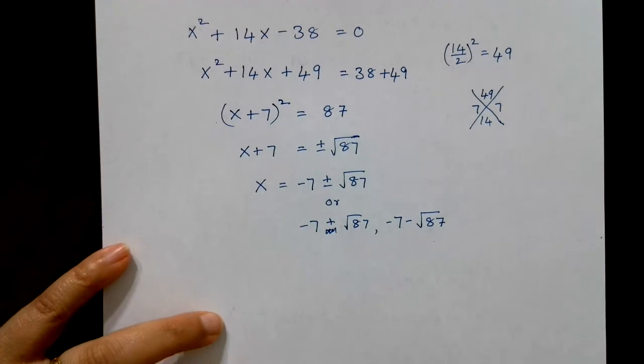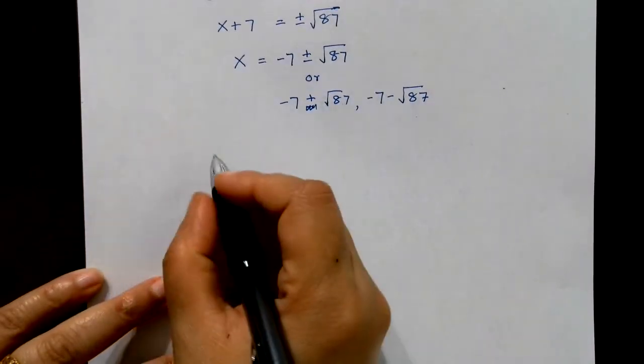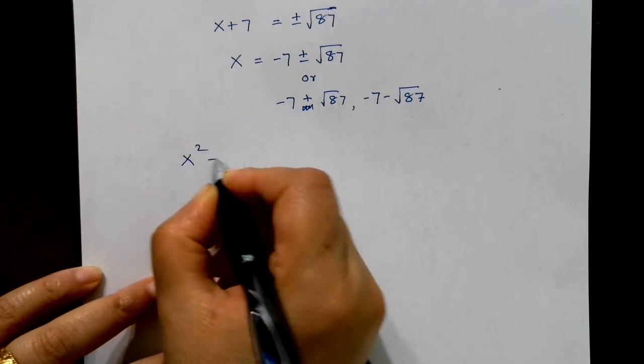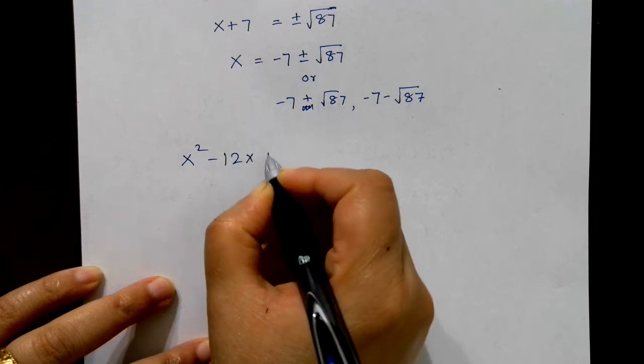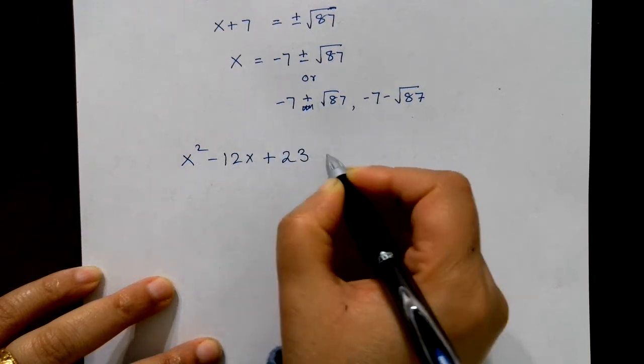Okay, let's do another problem. What if we have x squared minus 12x plus 23 equals 0?